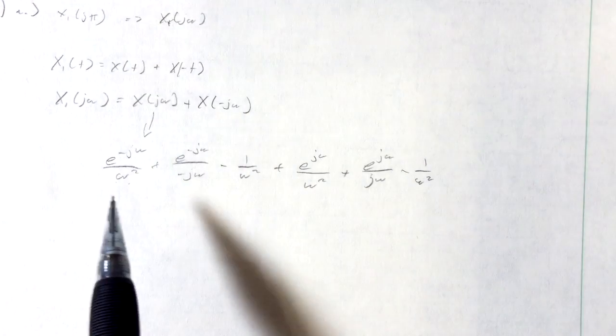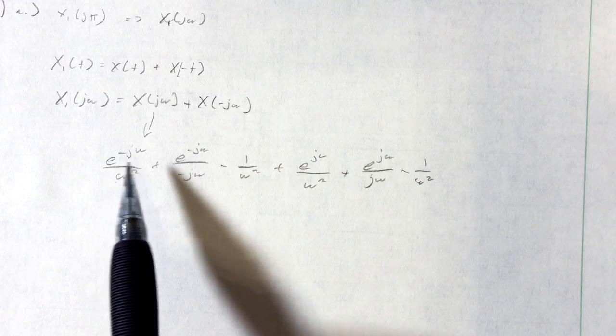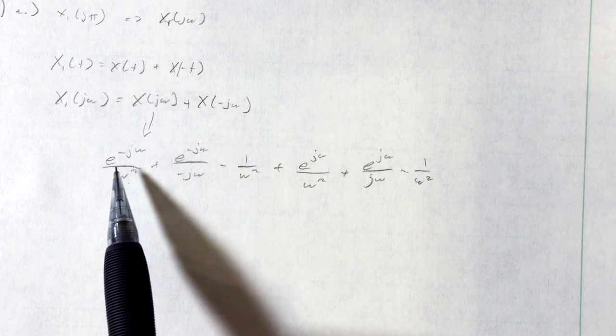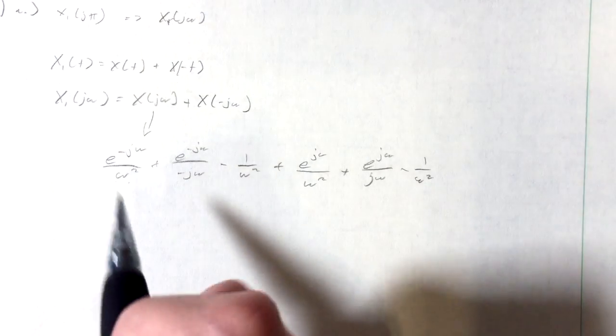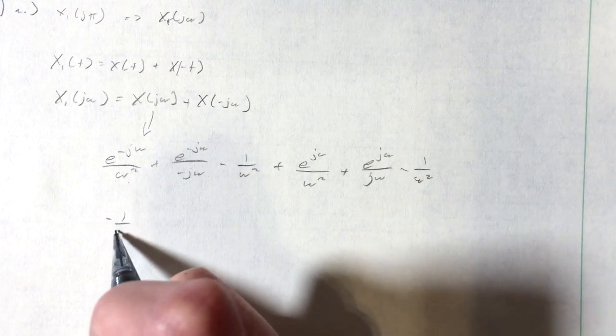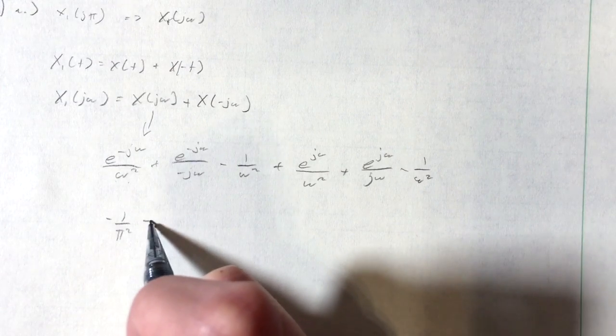So basically, wherever there's an omega, we just plug in a pi. If we plug in a pi right here, that's e^(-jπ), which will actually just give us a negative 1. So we get minus 1 over π².